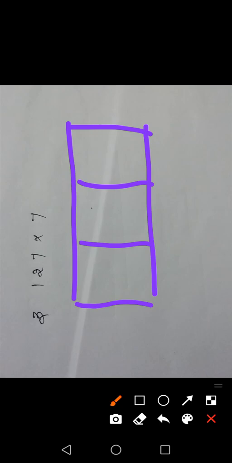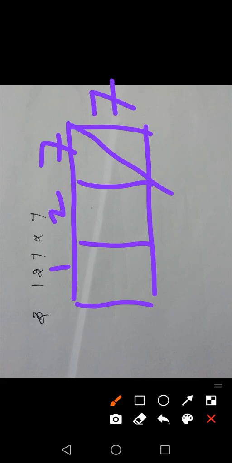We have 3 multiplicand digits and 1 multiplier digit, so 3 columns are needed. 3 columns means we draw 4 vertical lines, then 2 sleeping lines for 1 row. Now you write 1 2 7 at the top, the multiplier is 7.